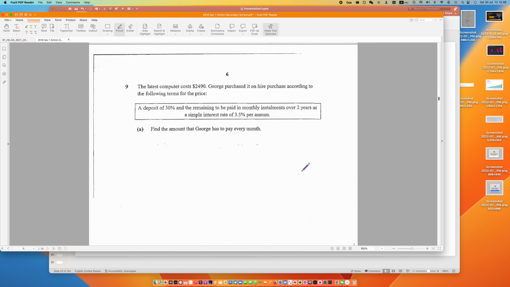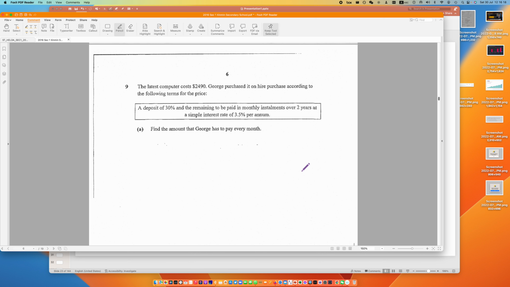When you don't include the interest, that means you are taking this interest free. So how does the interest affect your answer? 3.5% per annum, which is per year. So how do you account for the 3.5% a year for the remaining one?